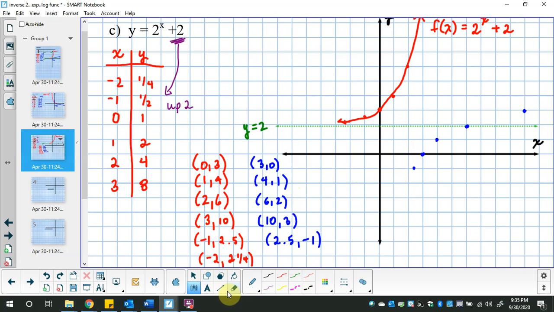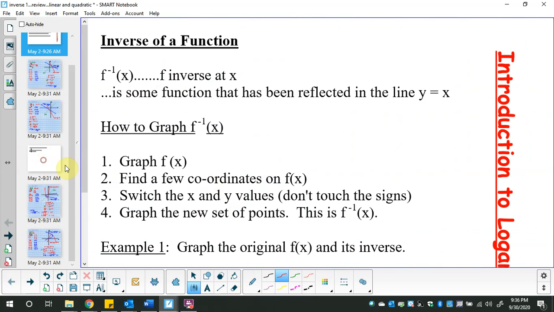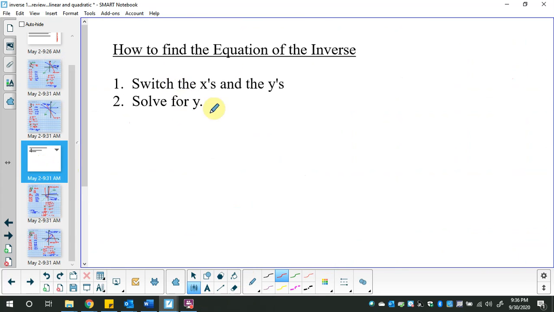So hopefully you can see that the horizontal asymptote of y equals 2 in the inverse becomes x equals 2. And this should not be a surprise, because if you followed the last note, which was review, part of the step was to literally switch the x's and y's.